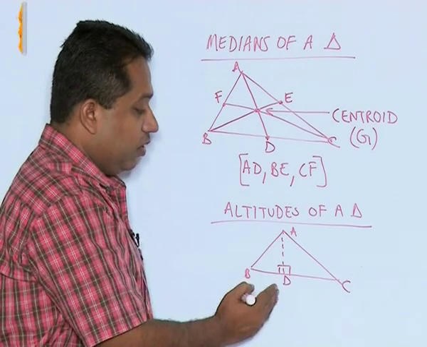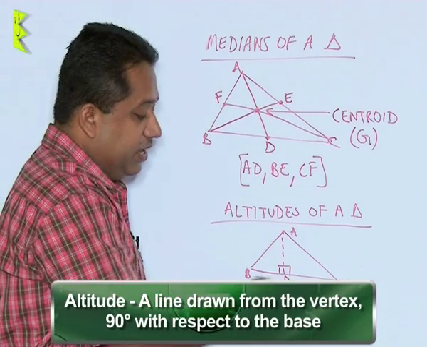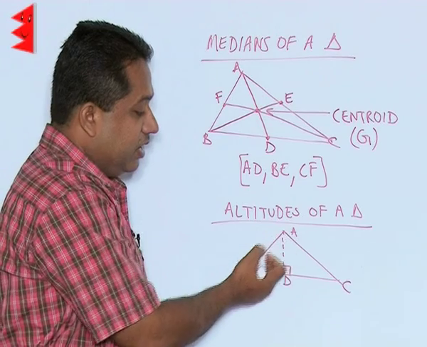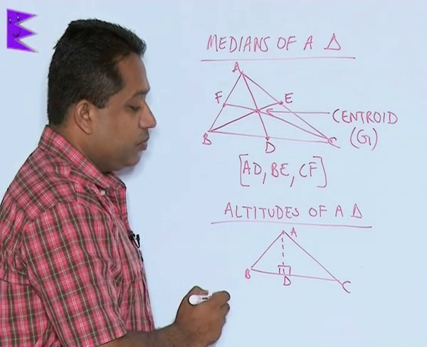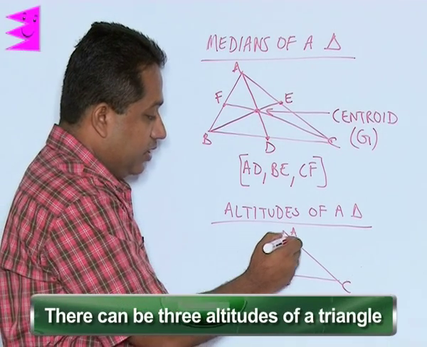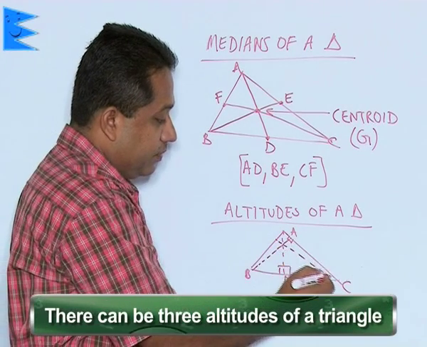Altitude is always a line drawn from the vertex and it will be 90 degrees with respect to the base of the triangle. Again, just like we had medians, it is possible to draw 3 altitudes. We could have an altitude with respect to AC and we could have an altitude here.